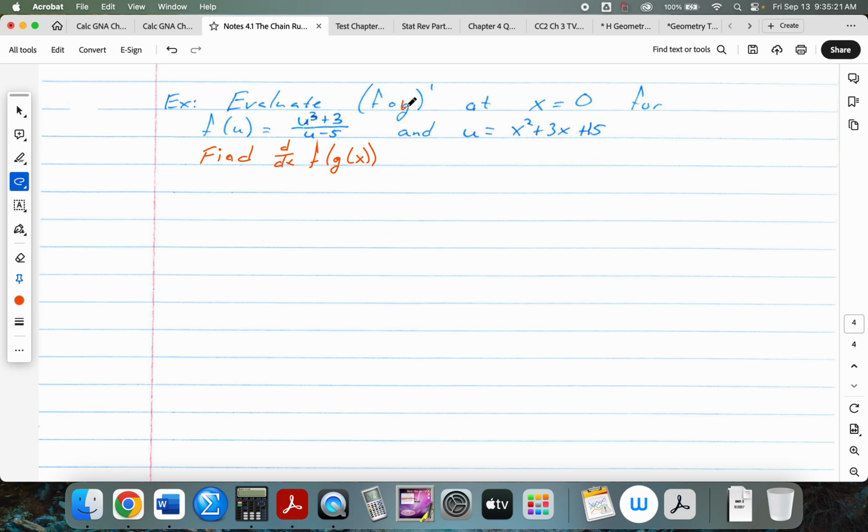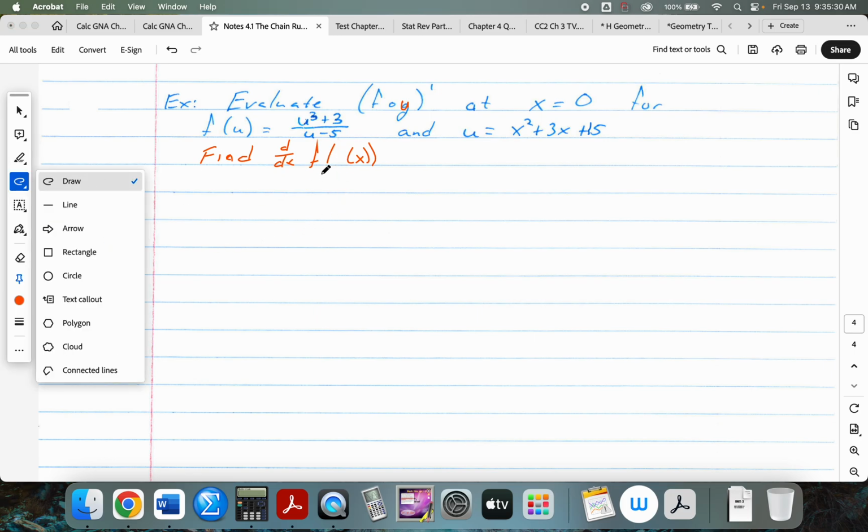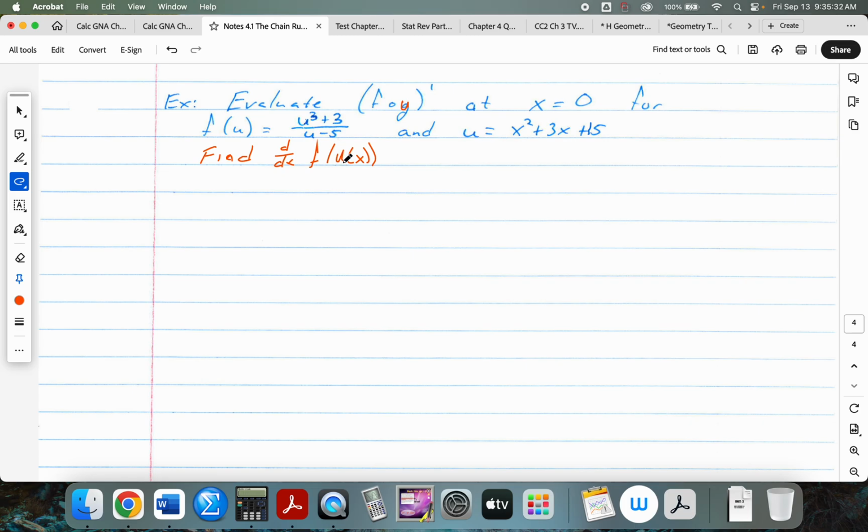All right, let's change this to a U. And I think that will make more sense. We'll see. This problem had all kinds of problems.